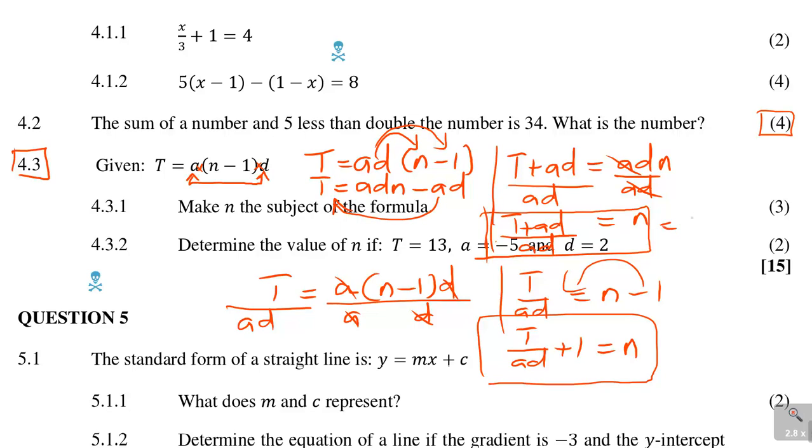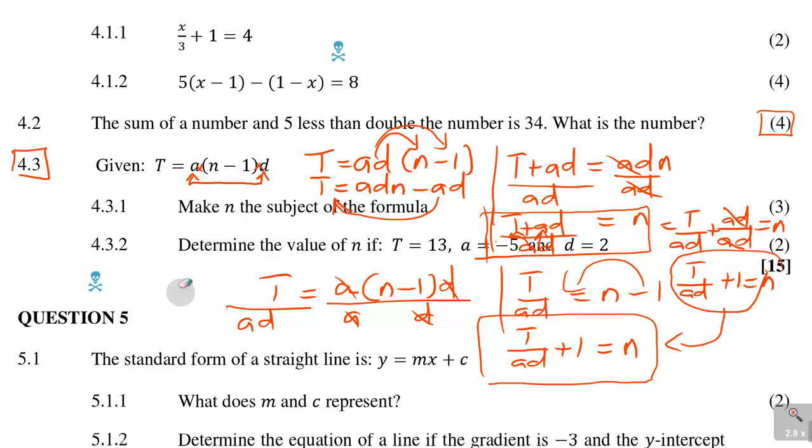This is the same as saying t over ad plus ad over ad is equal to n. So the ad is affecting t and the ad is affecting ad. When you cancel there, you have t over ad plus 1 is equal to n. See that? It is the same thing there. But it was not necessary to simplify. Your answer was still going to be correct.